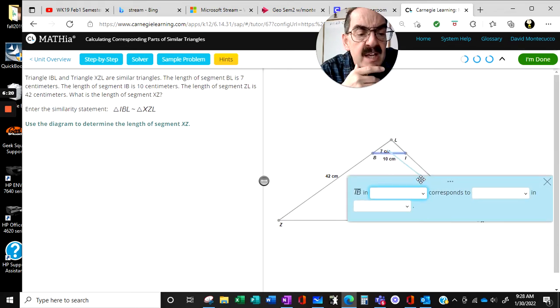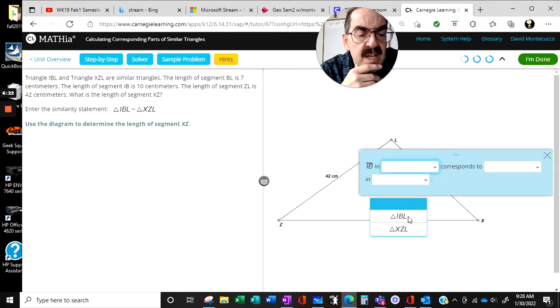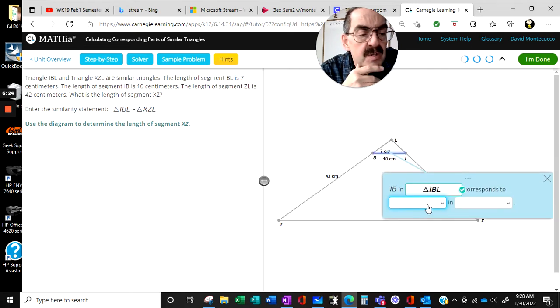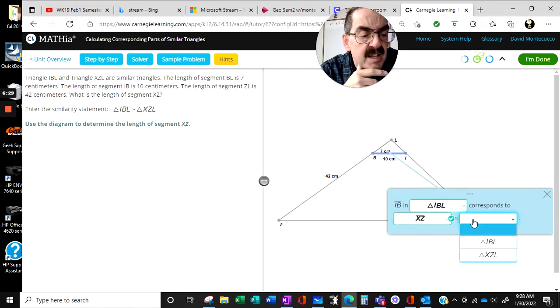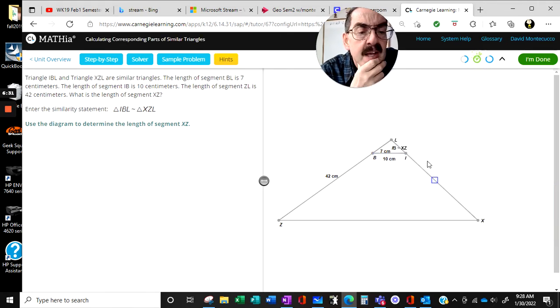IB in IBL corresponds to XZ in the big triangle. Okay? Alright? Use a diagram length of XZ. Okay?